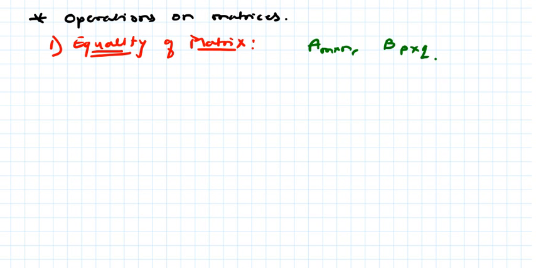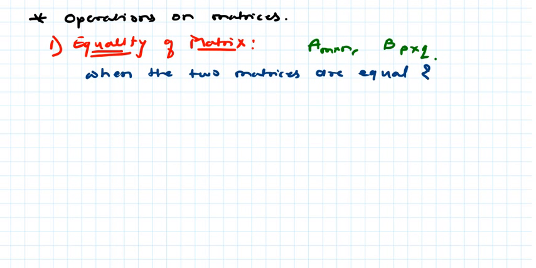Now the question is, when are the two matrices equal? So this is our question, when the matrices A, B or anything will be equal.